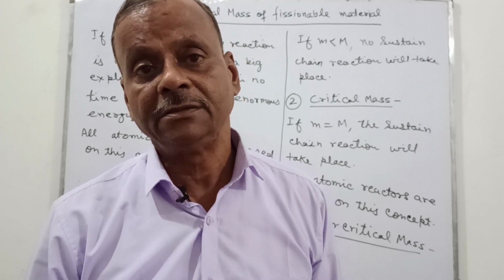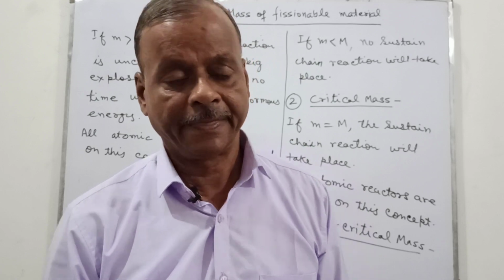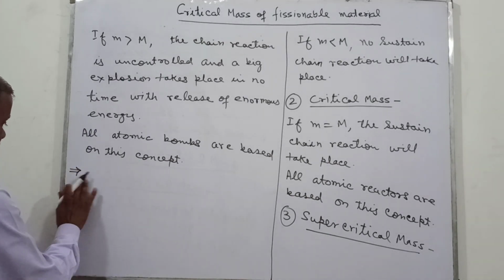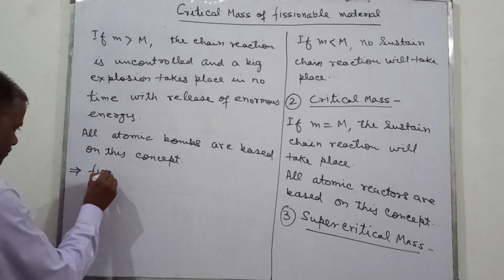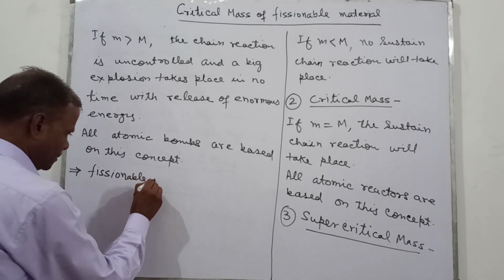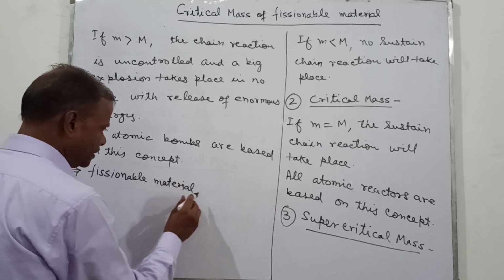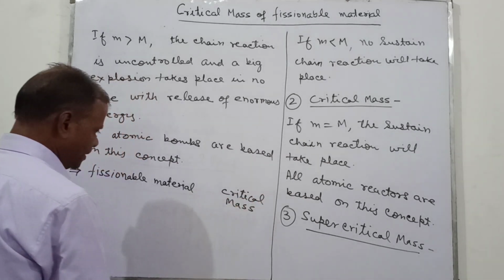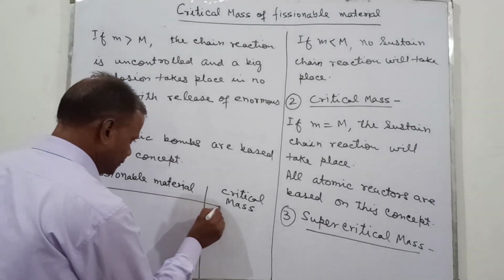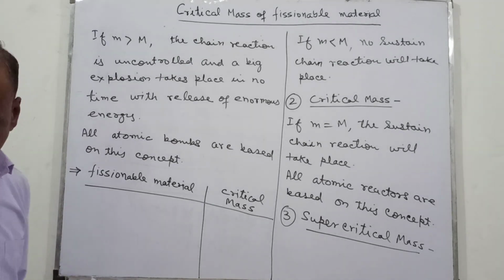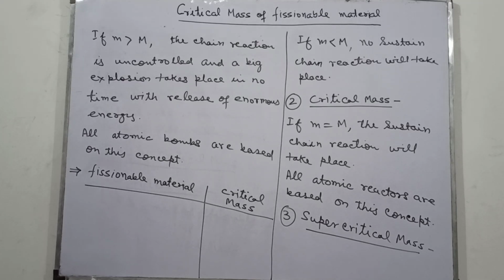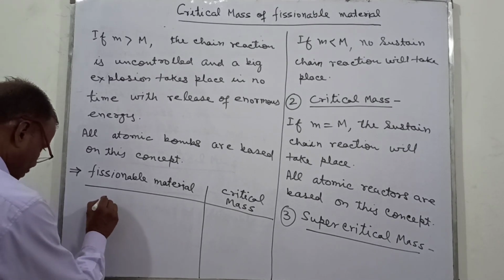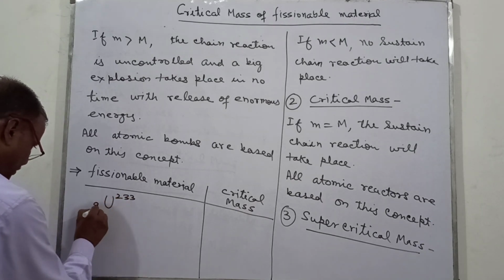Now I will tell you some of the fissionable materials with their critical masses. First we take uranium-233, 92 233.